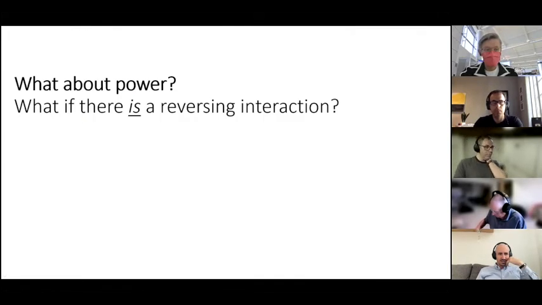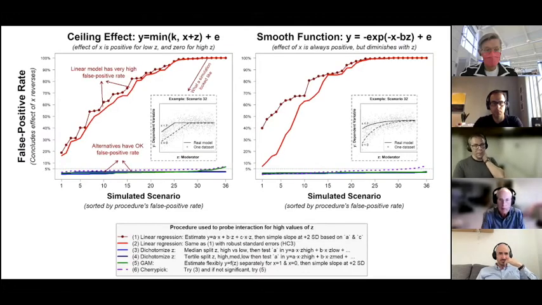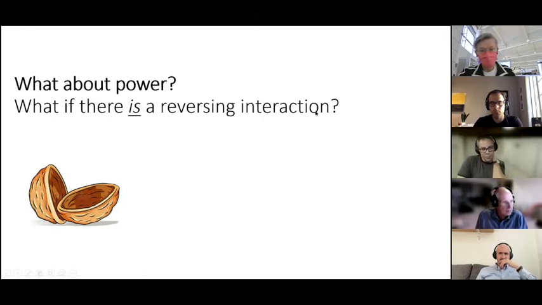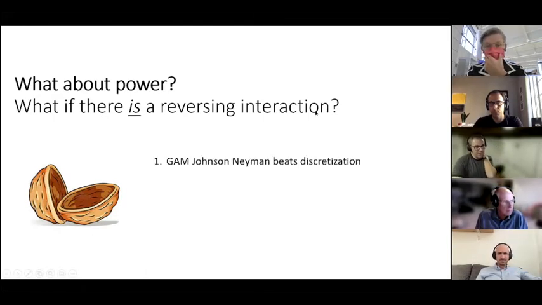Okay. So what about power? So I'm saying this is about false positive rates. What about power? I won't show you details, even in the paper. I have this in the supplement, because I think the bottom line is all that matters. So GAM Johnson-Neyman beats discretization. A lot of methodologists have written against median splits for decades, because it's low power.